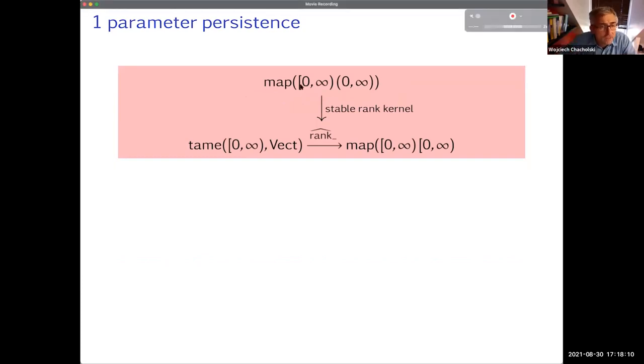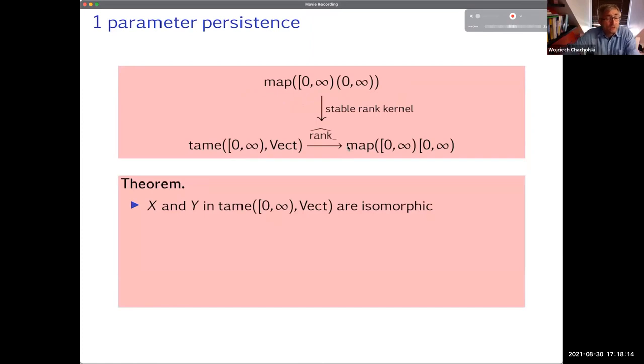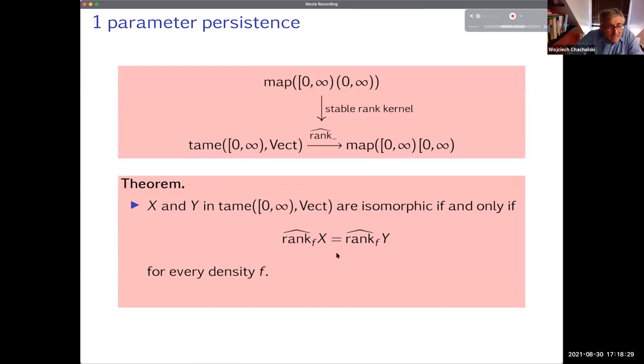So I just told you that each function leads to a kernel. You can characterize these parameterized vector spaces in this way. If you have two parameterized vector spaces, they are isomorphic if and only if these stable ranks, these representing functions, are equal for every density.